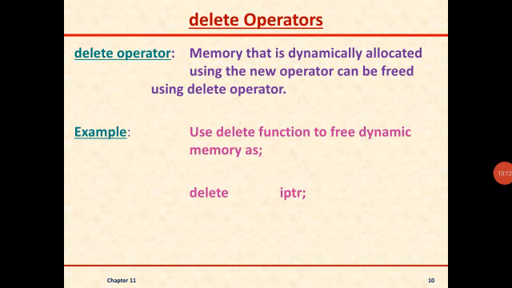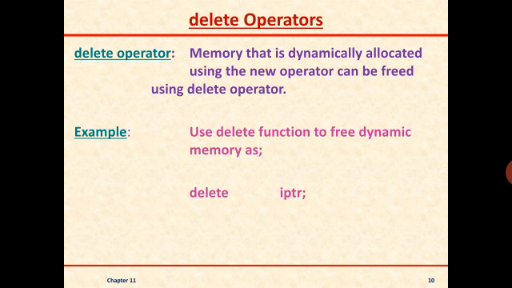The next operator is the delete operator. Whatever memory is allocated by the new operator, after its work is over, it will be released, and to do that we use the delete operator. Memory that is dynamically allocated using the new operator can be freed by using the delete operator.